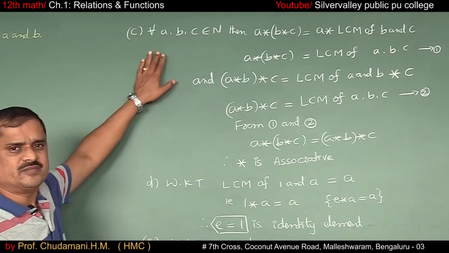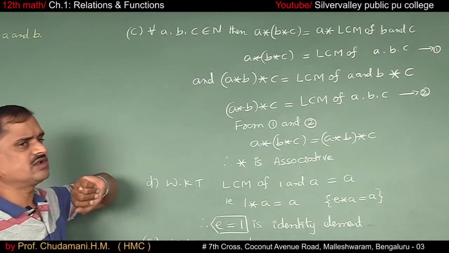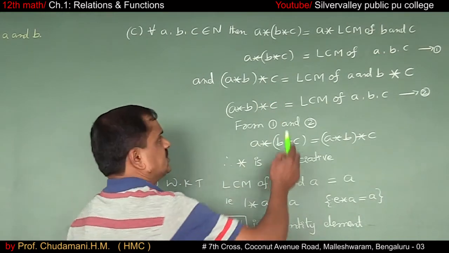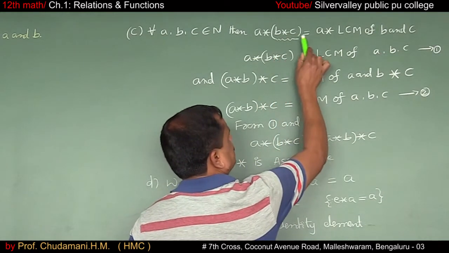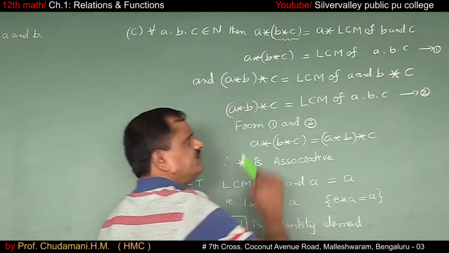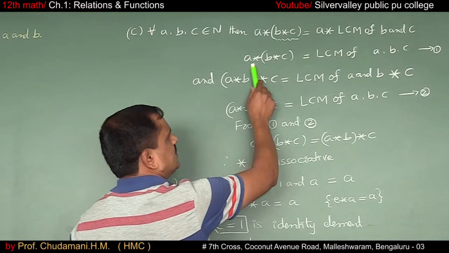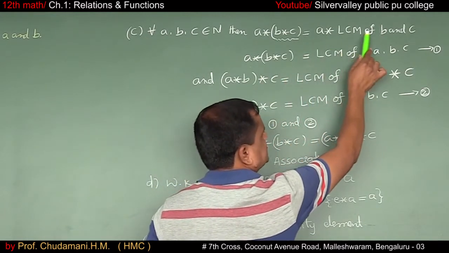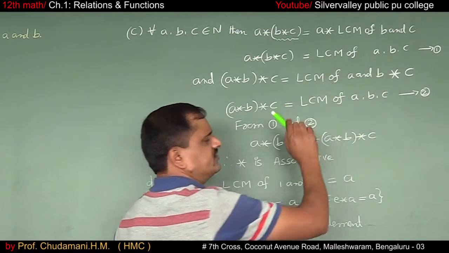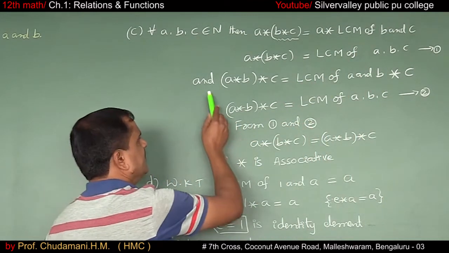Let us verify the associative law. For all three elements A, B, C belongs to the set of natural numbers, consider A star, B star C. B star C means LCM of B and C. So A star, LCM of B and C is nothing but LCM of A, B, C. Call this equation 1.